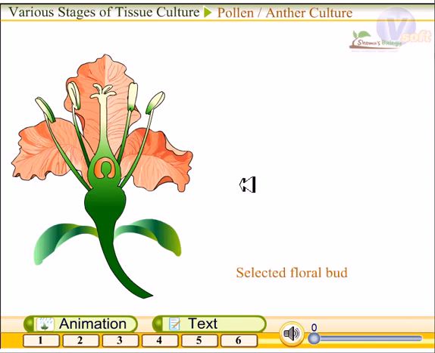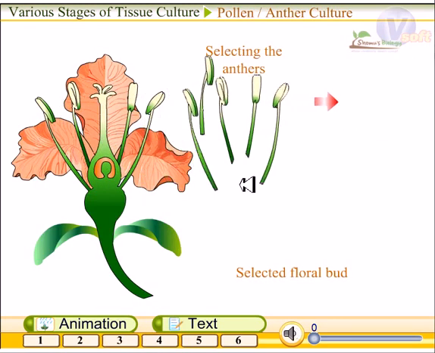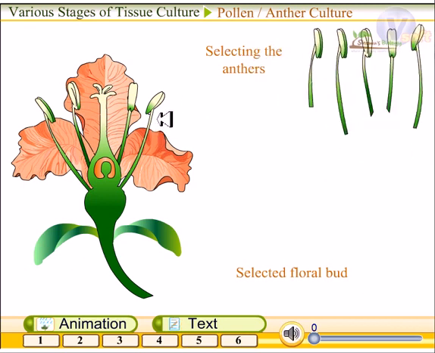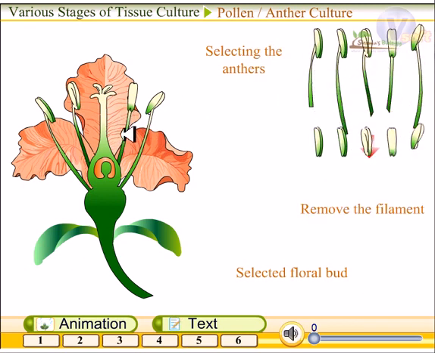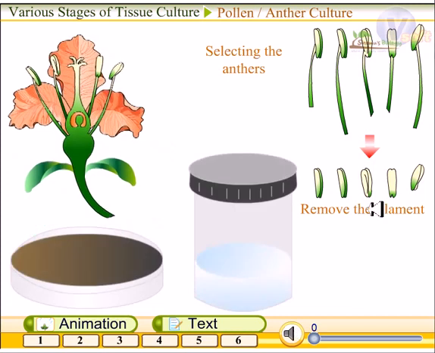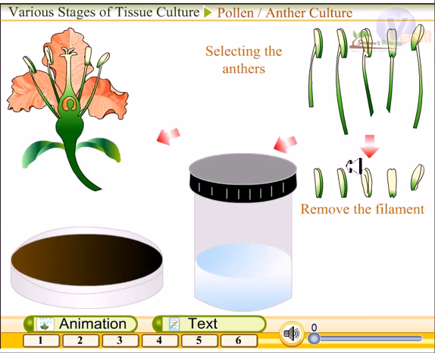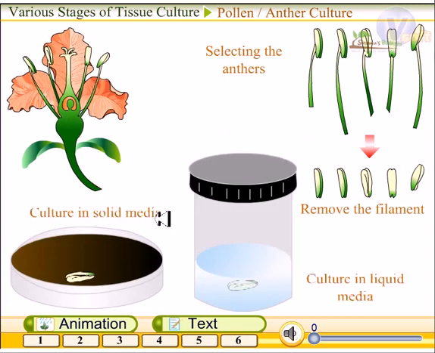Now the fourth kind of culture is the pollen or anther culture. Here we select the anthers from the flower, then we remove the filament from these anthers and place them into the culture in the solid media.